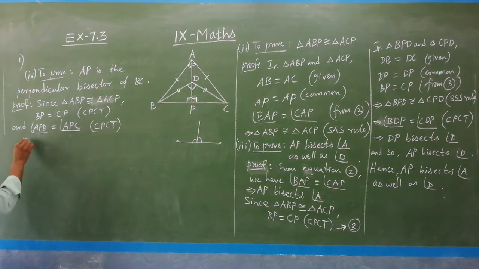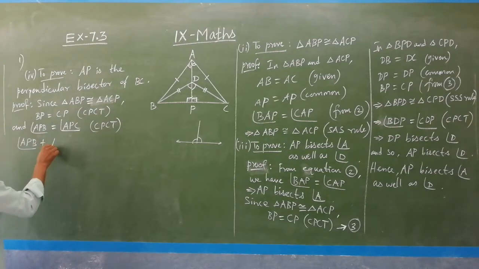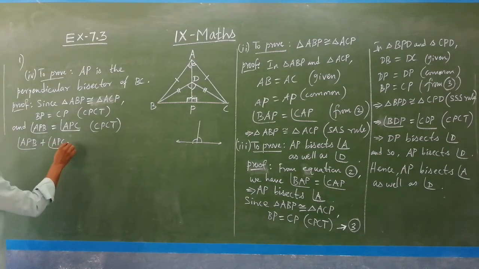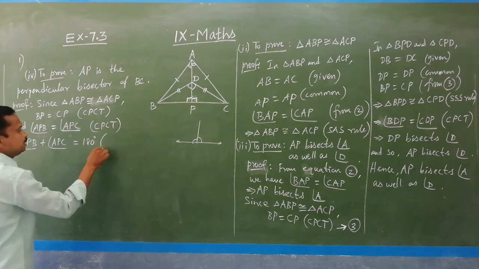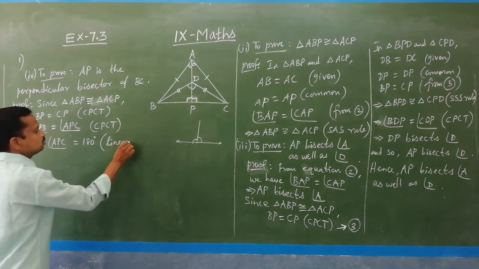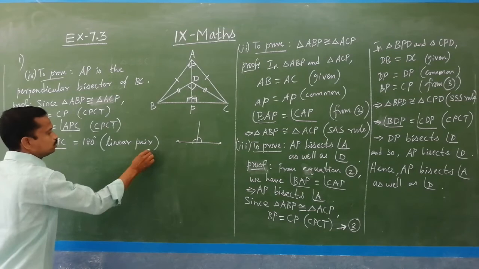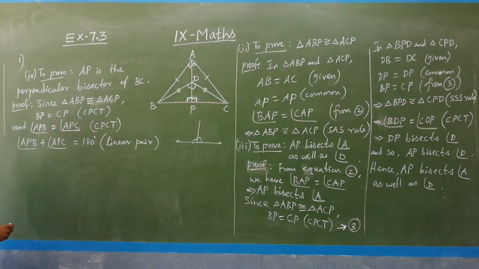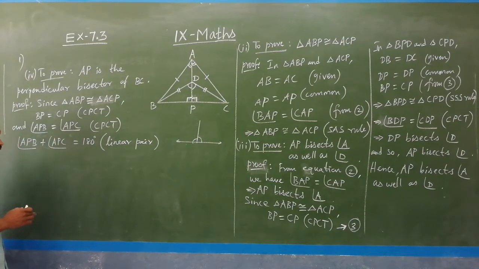So by applying that concept here, angle APB plus angle APC is equal to 180 degrees. In brackets we can write that a linear pair of angles is 180. But APB and APC are equal, so we can replace one by the other.